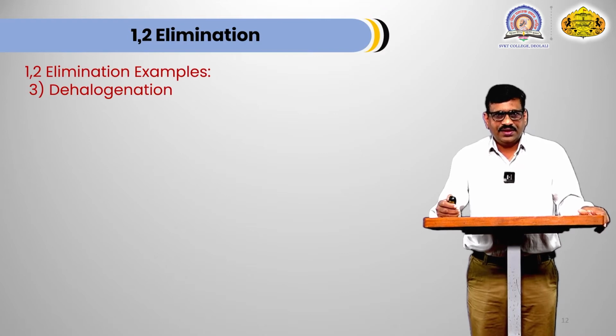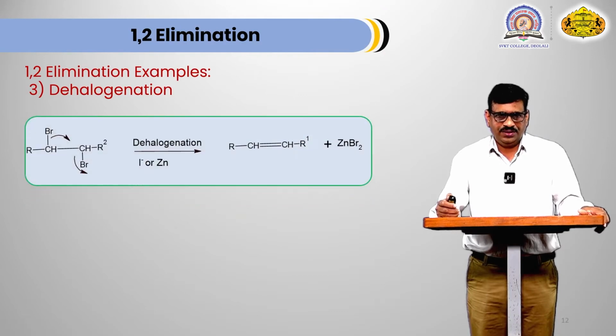This is another example of 1,2 elimination, that is dehalogenation, means removal of 2 halogens from the starting compound. This is the vicinal halide. 2 bromine atoms are present on adjacent carbon atoms. When this compound is heated with zinc or magnesium, there is loss of Br2 from the starting compound.